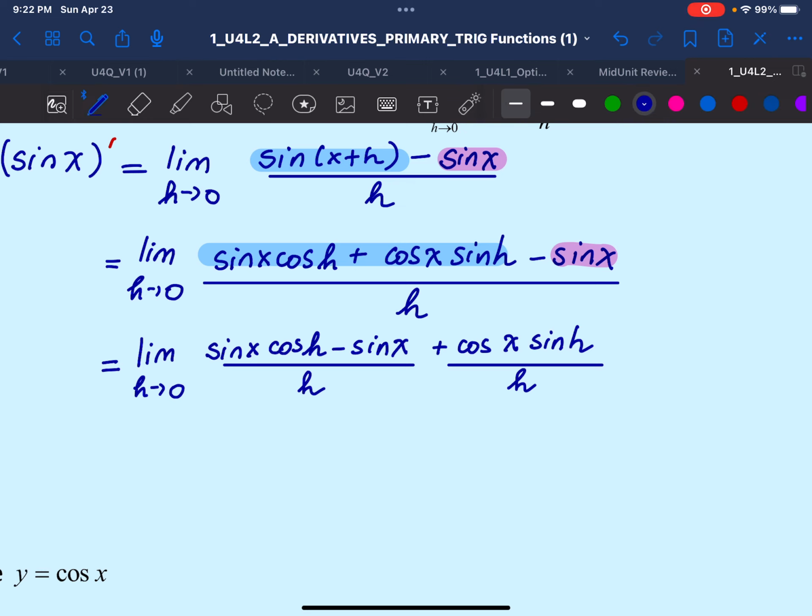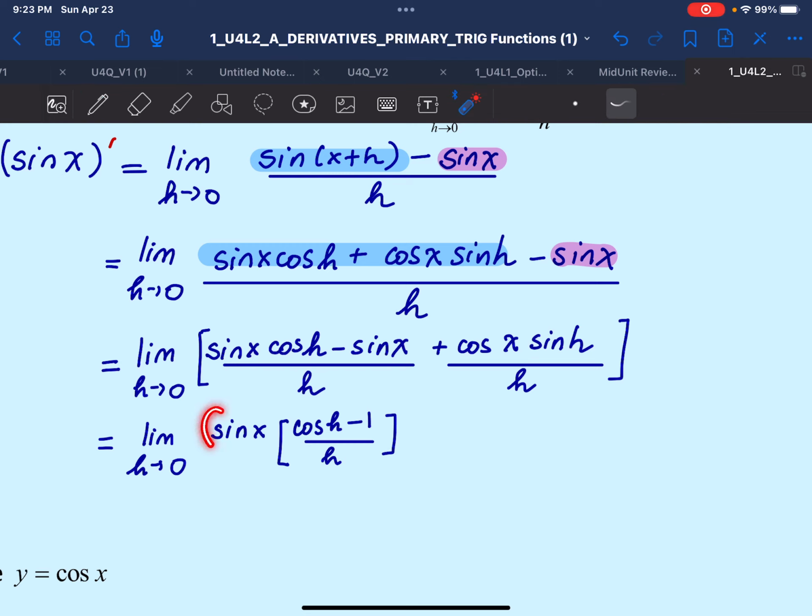So we're going to keep the entire thing in brackets, and that would be equal to the limit as h approaches 0. And here we are taking out the sine of x. In brackets, we'll have cosine of h minus 1 divided by h. So we're taking out sine of x, right? And cos h minus 1 over h is inside the brackets. And because this is multiplication, only this part will have the denominator.